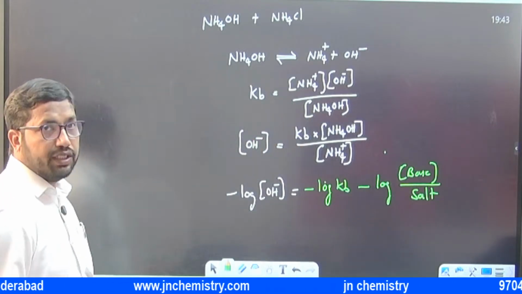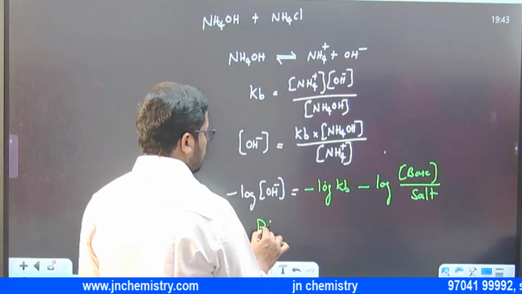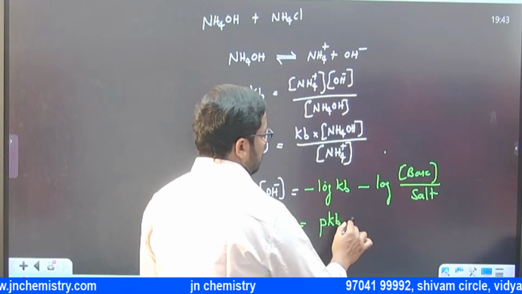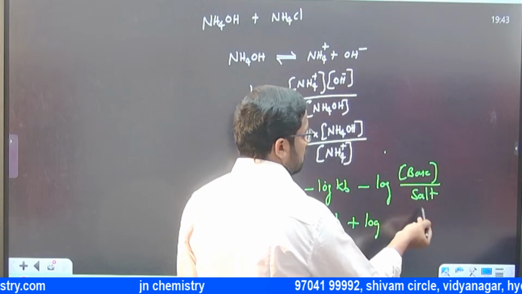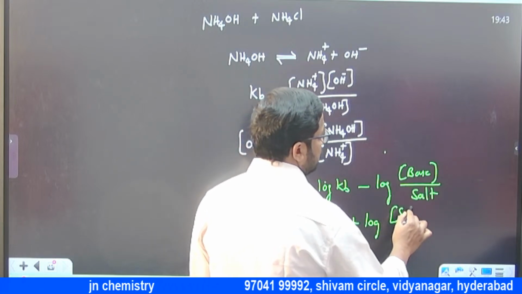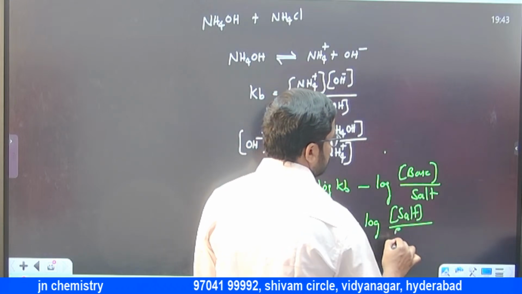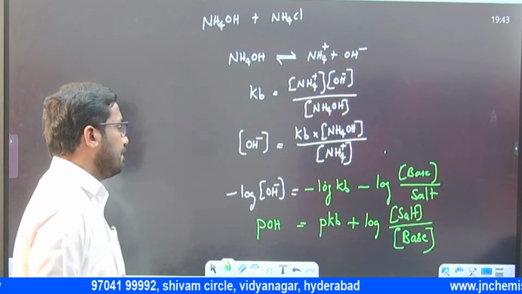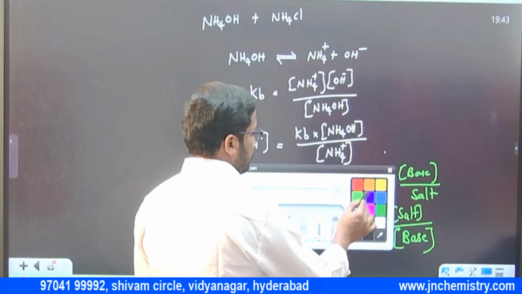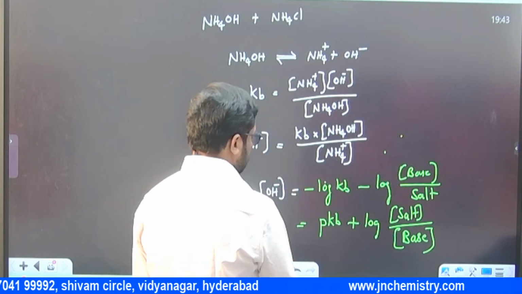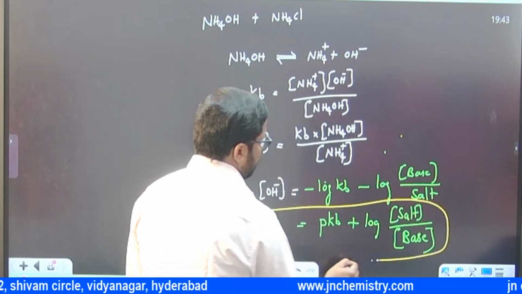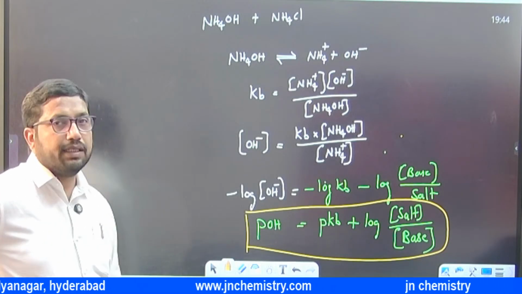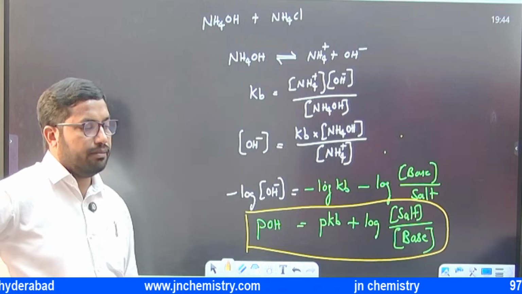Now, minus log OH minus is pOH, so pOH equals pKb plus log salt concentration by base concentration. Write it down.